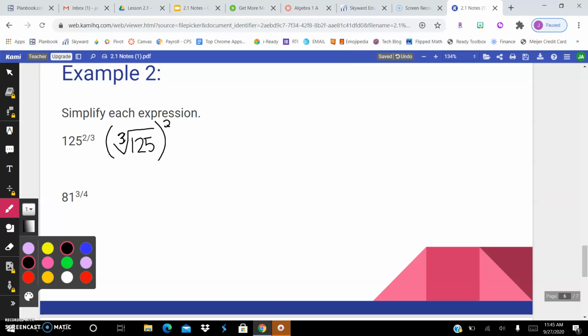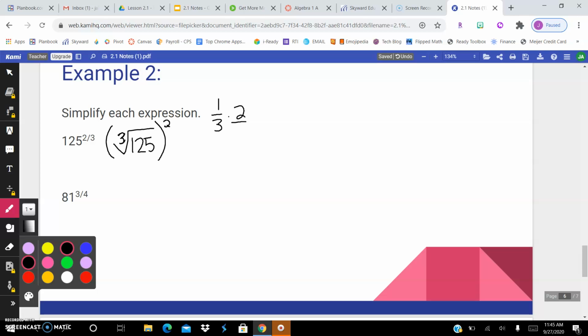Okay, so 2/3 is really 1/3 times 2, right? 1/3 twice. So we're going to have to find the cube root of 125, and then we're going to have to square it. Remember, the twice is in an exponent, so it means times itself another time.